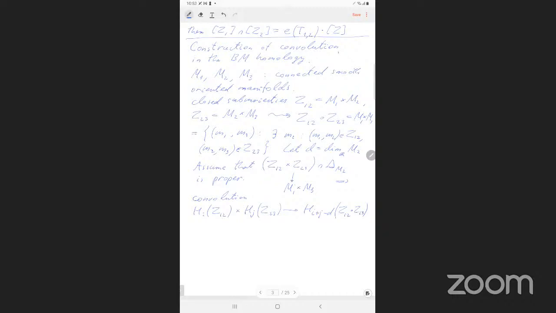And this convolution acts as: C1,2 convolved with C2,3 is by definition the image of the projection of p1,3 applied to C1,2 tensor the fundamental class of M3, cap product with the fundamental class of M1 tensor C2,3.